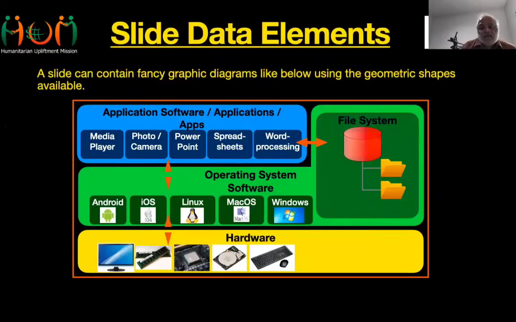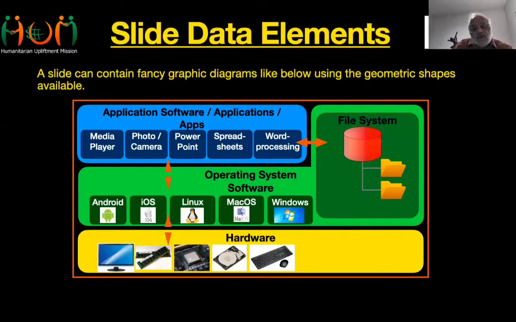audio, video, photographs. The next important thing about presentations is being able to create graphic diagrams. You have seen this diagram in one of the first few lectures in this digital literacy program. This is a very simple architectural diagram of a computer, right?